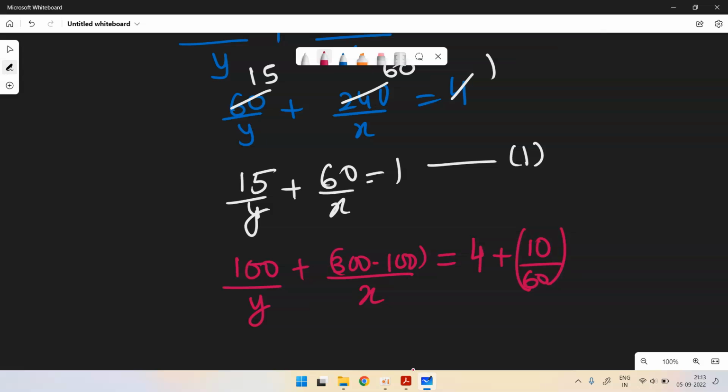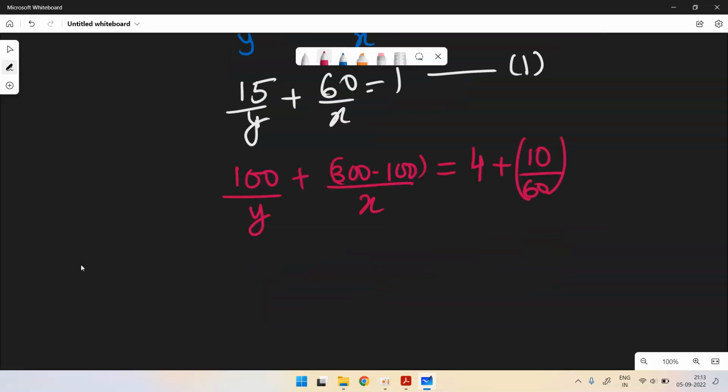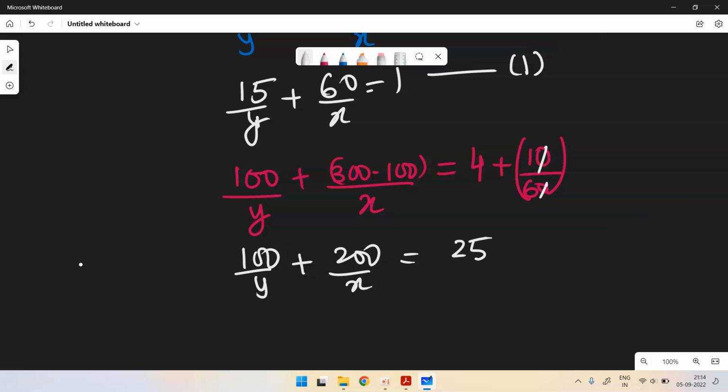So if you solve this, it becomes 100 by y plus 200 by x, which is nothing but 1 by 6 over 24, which is 25 by 6.